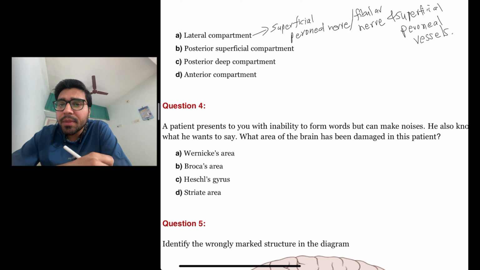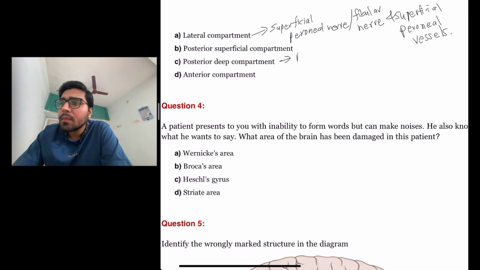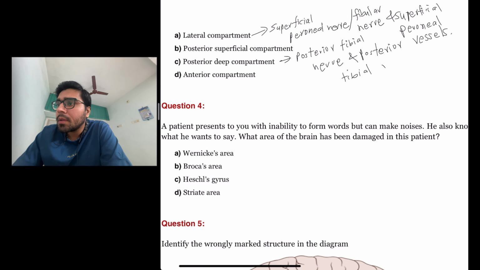Posterior deep compartment is related with the posterior tibial nerve and posterior tibial vessels.